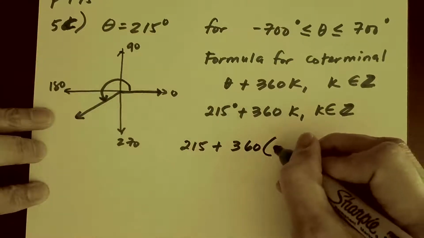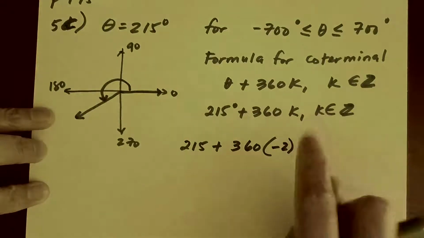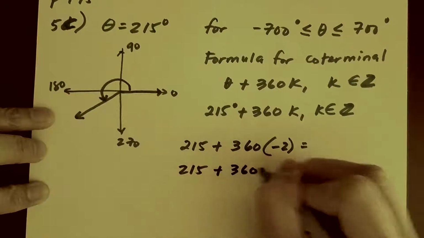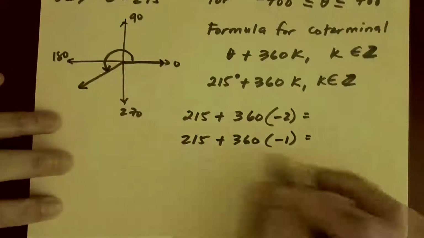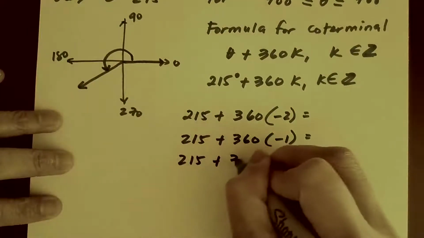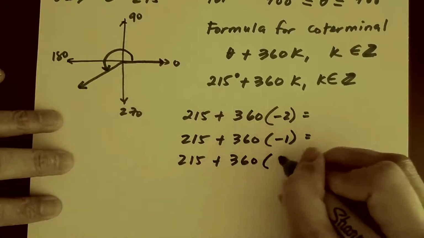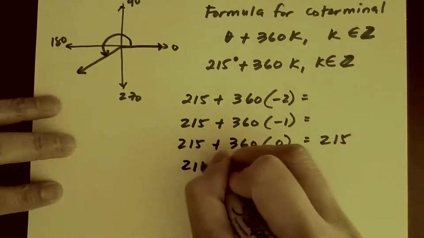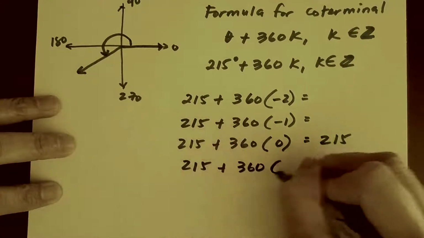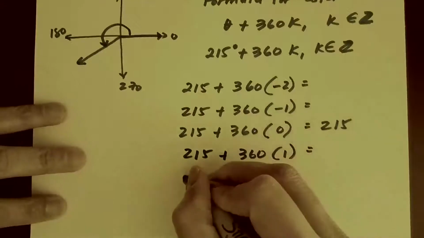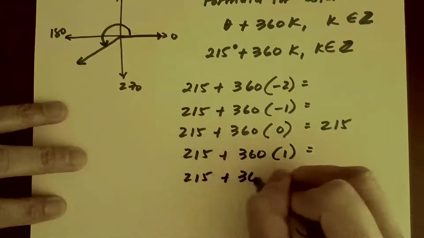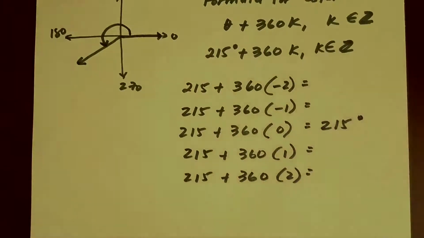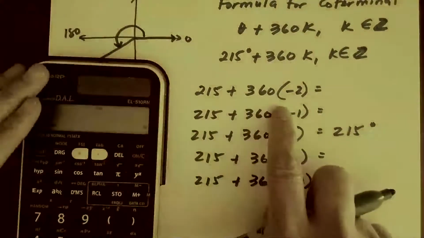I'm just going to go negative 2, and let's see what that is. 215 plus 360 times negative 1, whatever that is. 215 plus 360 times 0, well, that one I know, 215. 215 plus 360 times 1. 215 plus 360 times 2. In this particular case, I'm just going to calculate this part over here.